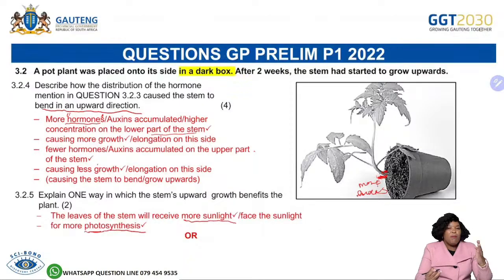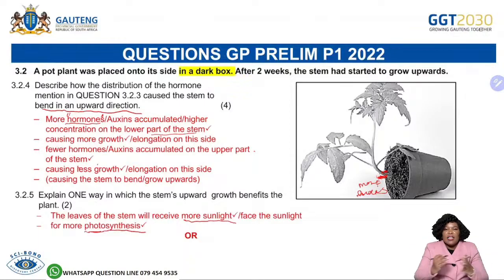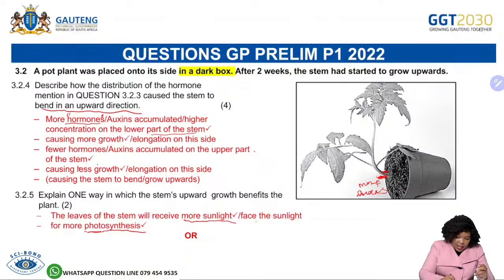Hence, you see the plants growing on the mountains. Remember, the mountain is uneven. There are sides where the plant will be growing from the side of the mountain, and then the stem will be bending upwards. That stem is bending upwards to make sure that the plant receives sufficient sunlight for photosynthesis.